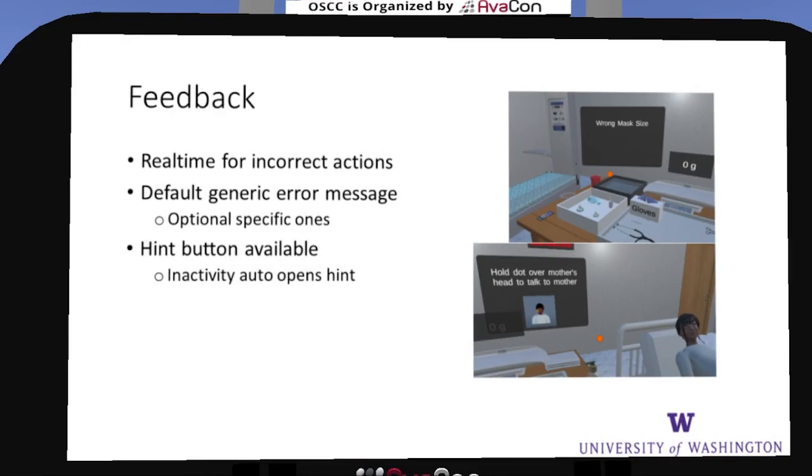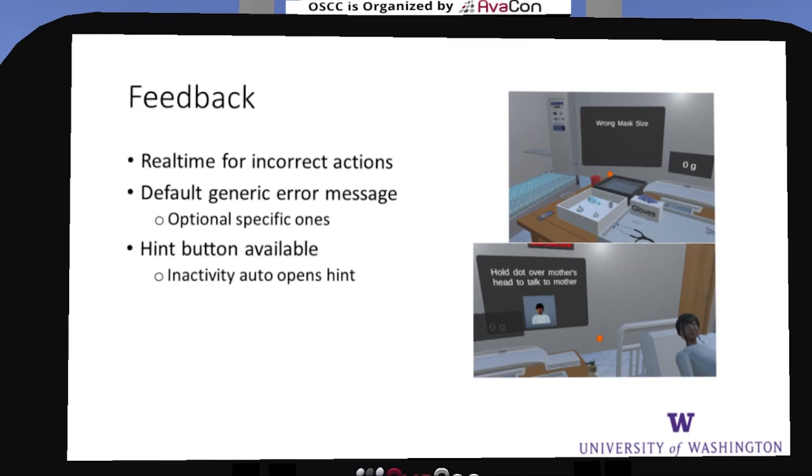Especially, it's easy to do this since there is an established right and wrong at every step of the way. So we did this with correct dings if they did the right thing, and buzzes and error messages if they do the wrong thing.